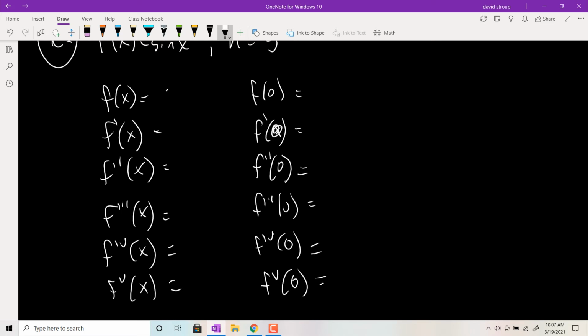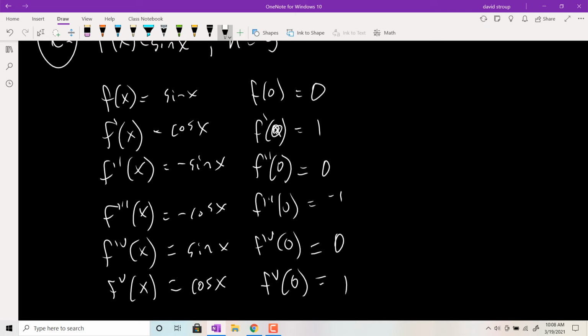Okay, so this would be sine, cosine, negative sine, negative cosine, sine, cosine. This will be 0, 1, 0, negative 1, 0, 1.